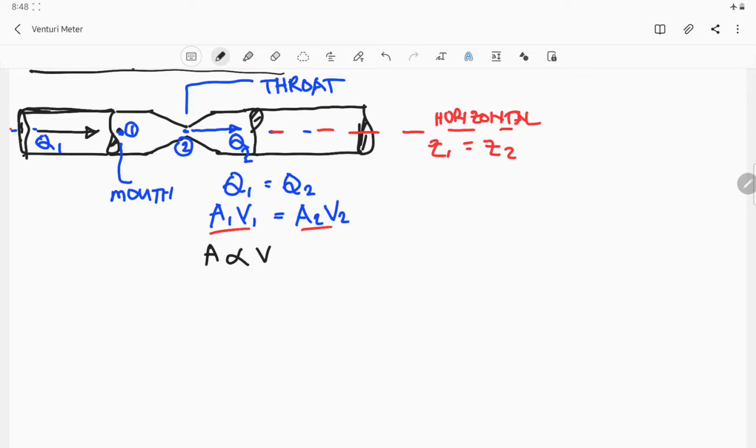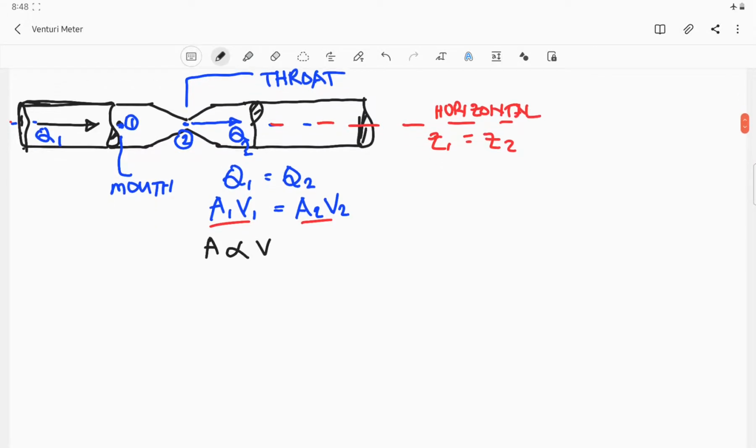We also know from our previous discussion that velocity is inversely proportional to pressure. So the higher the velocity, the lesser the pressure. The higher the pressure, the lesser the velocity.